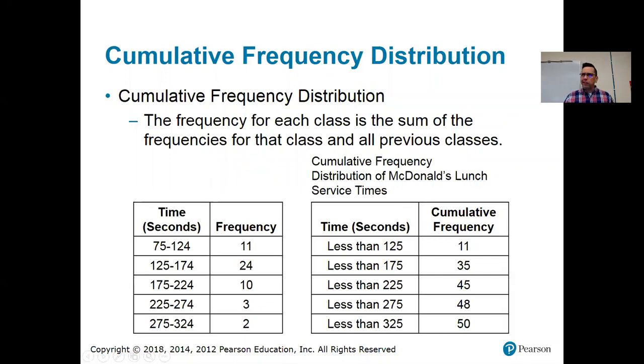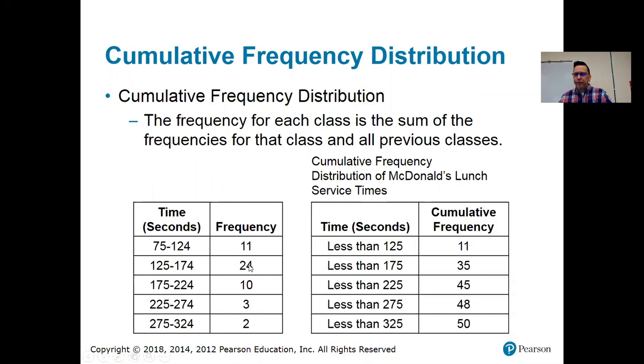And there is such a thing, I don't have an example here, as a relative cumulative frequency or a cumulative relative frequency, where you do the same thing with the decimals. So just try to picture, if this was a 0.22, this over here would be a 0.22.